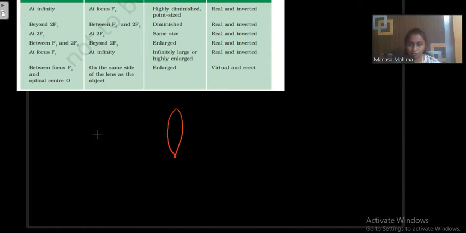We have to draw the principal axis that is passing through the optic center. Here we consider a straight line passing through the optic center, and we mark the points: F1 to F1, or else you can take C1, F2 to F2, that is C2.